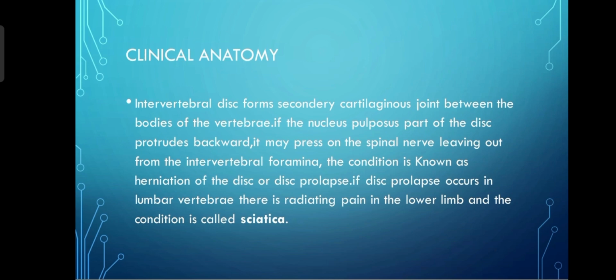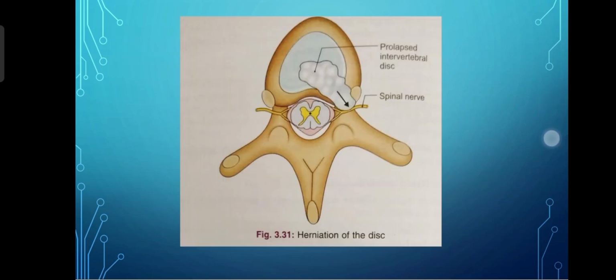The condition is known as herniation of the disc or disc prolapse. If disc prolapse occurs in lumbar vertebrae, there is radiating pain in the lower limb, and the condition is called sciatica, which we can see in the diagram, the herniation of the disc.